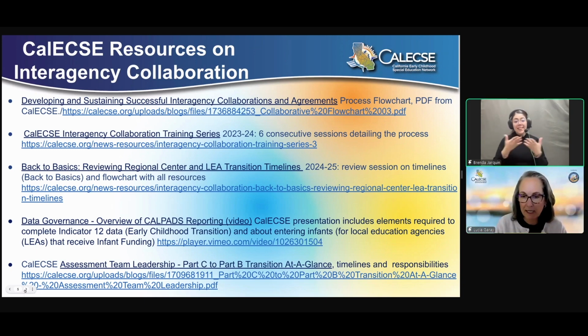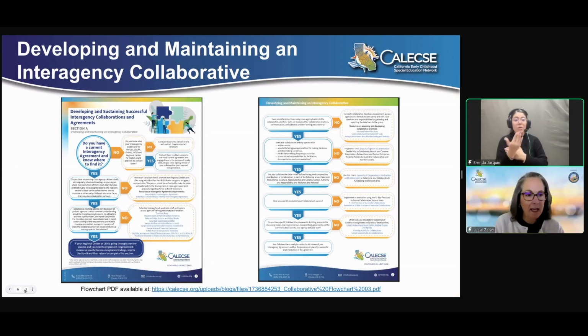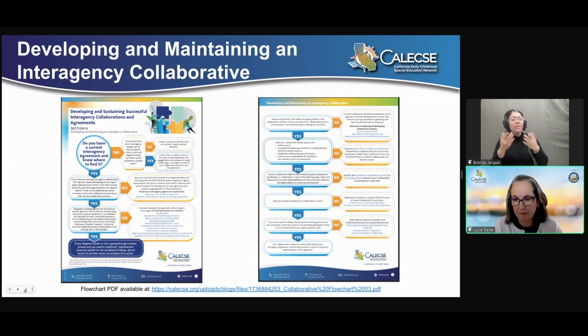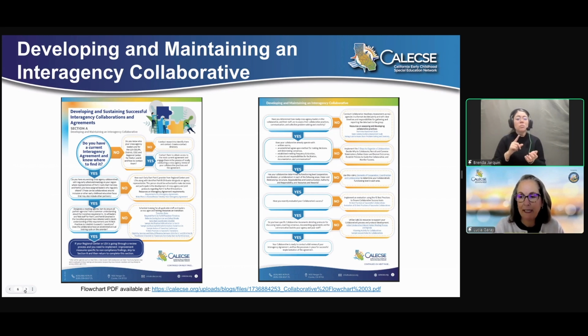So let's move on to the next slide, please. What we have is we developed a 4-page flowchart with links for resources that you might need on developing and maintaining an interagency collaborative. The first section is the first 2 pages, and it is very specific to developing and maintaining interagency collaboratives.